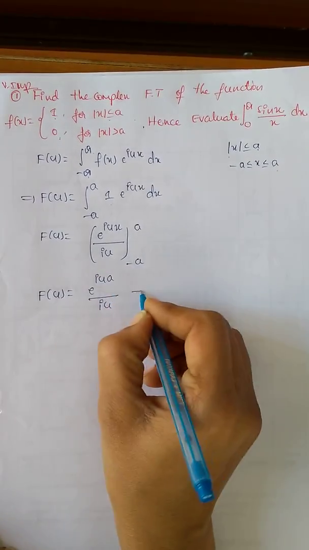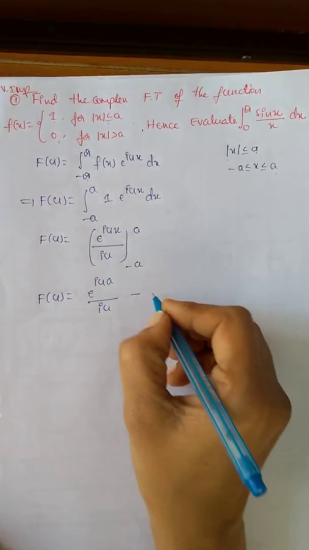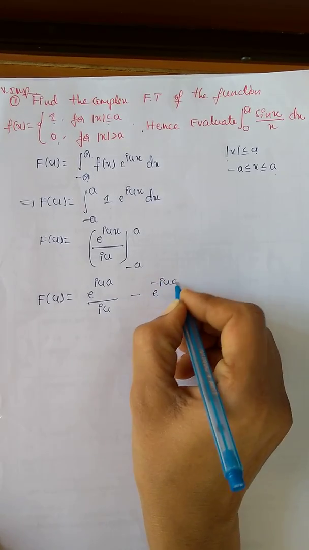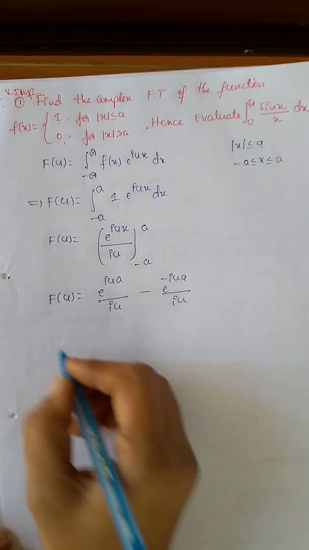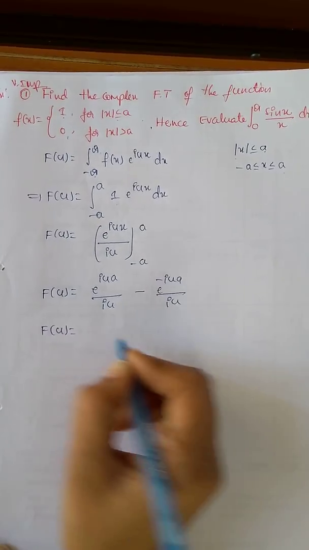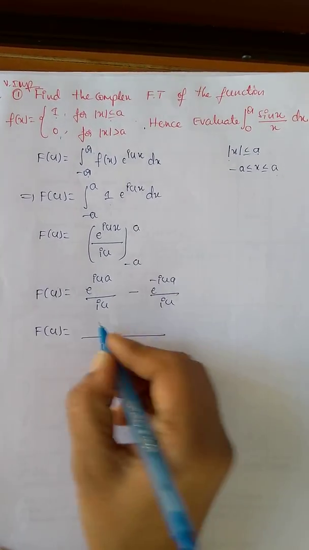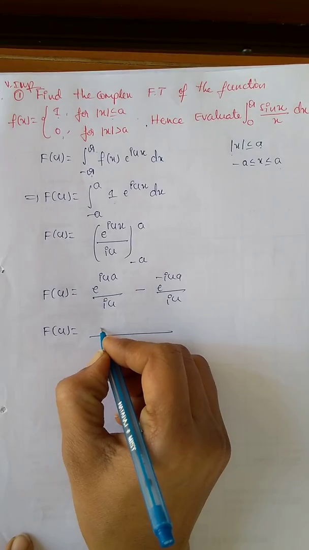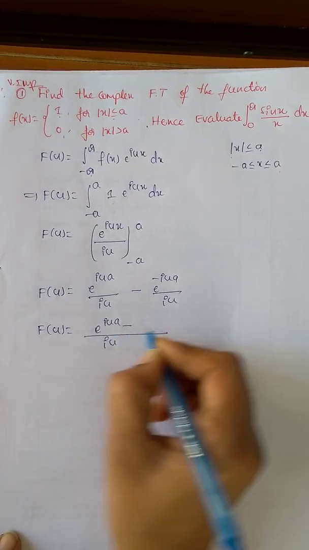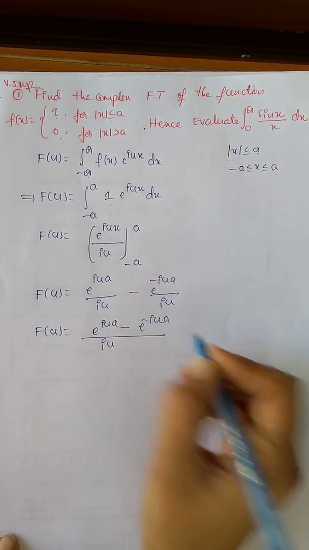This is the upper limit, minus, replace x by minus a, we get e to the power of minus iua by i into u. So simplify this, f of u: iu is a common term, the LCM. We get e to the power of iua minus e to the power of minus iua.